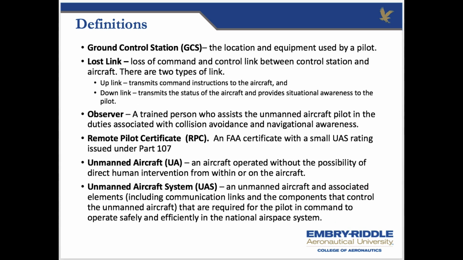A ground control station is that control device that you're using to control your small unmanned aircraft. Lost link, kind of as I said before, was essentially losing that command control, that C2 link between the ground control station and the aircraft, either going from the GCS up to the aircraft or in a downlink as well.